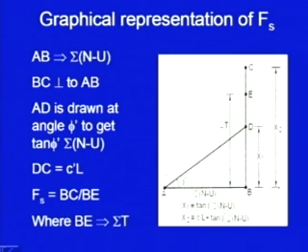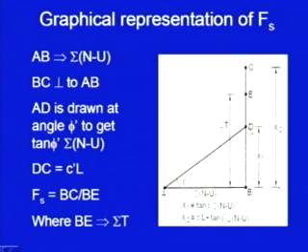and draw a line AD which is inclined at an angle phi dash. So, this DB will become equal to tan phi dash into summation of N minus U. So, BD is equal to that much.